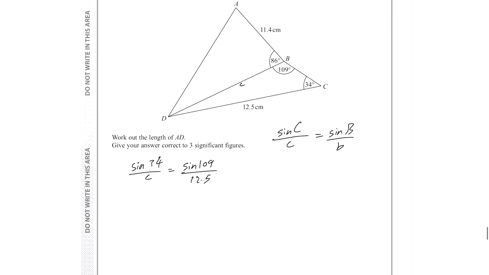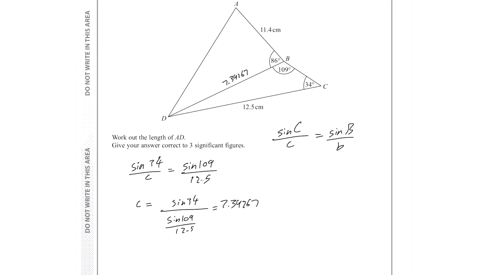So now if you rearrange this, move the C over to that side, C is equal to sine 34 all over sine 109 divided by 12.5, and that gives us the value of C as 7.39267. So now we know this side is 7.39267. Now I'm just going to rub that off.